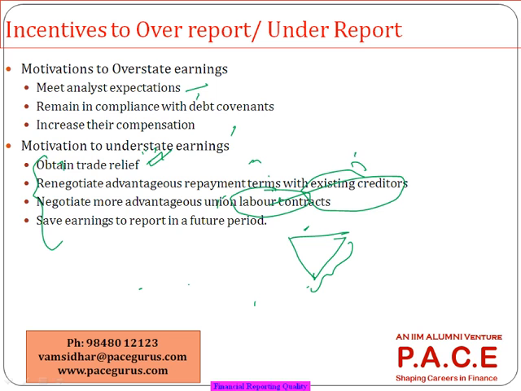So overstating and understating, as long as they are not within the lines of the accounting standards, it's a fraud. Right? Probably a company may switch from straight line depreciation method to a written down value method. As long as they can justify a declining balance method or some other depreciation method, they can very well move on to it.